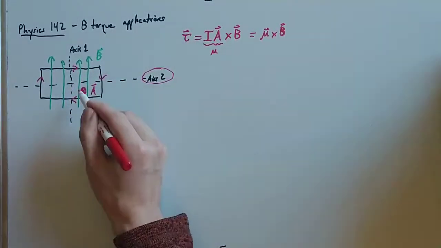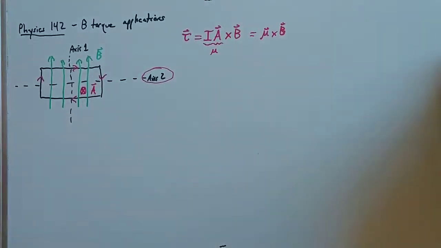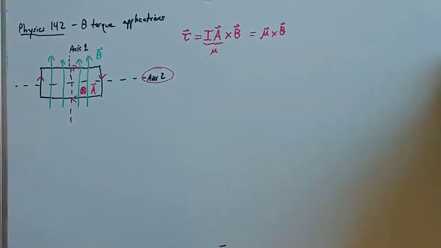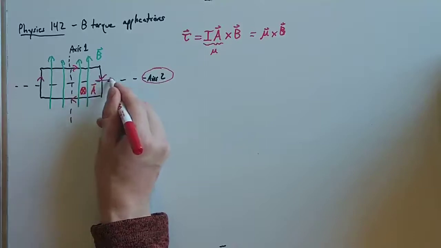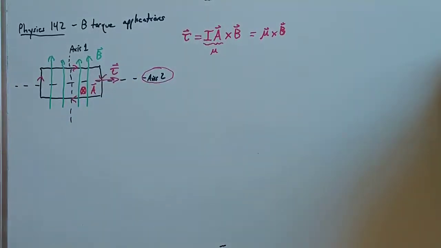Remember, into the page, we use a little X, like the feathers of an arrow going away. That's the direction of my area vector. When we take that cross product, into the page crossed with up gives us a resulting torque vector that is to the right.